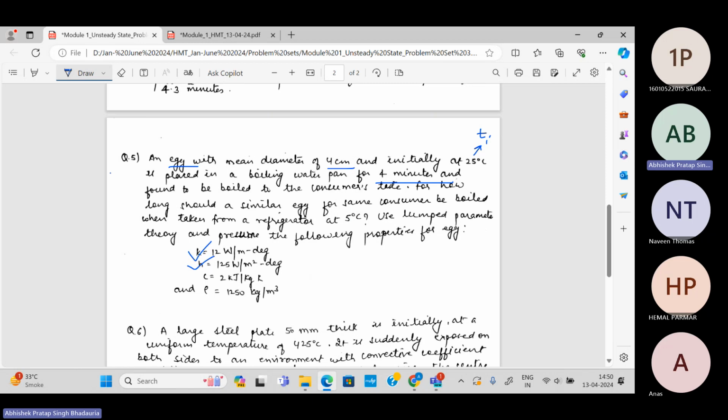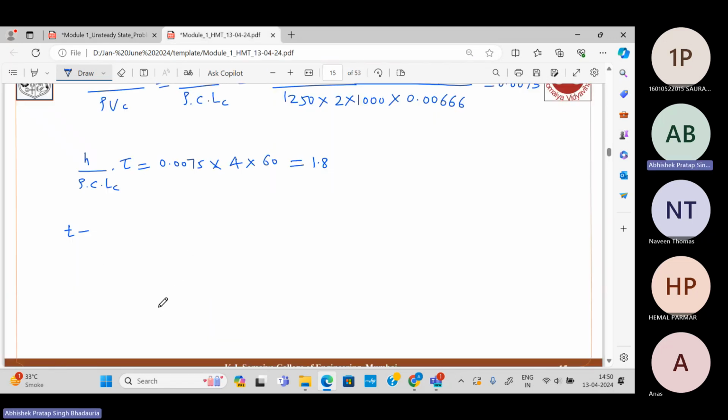Boiling water means the boiling temperature is 100 degrees Celsius, so TA will be equal to 100. So T minus TA, that is T minus 100, divided by Ti minus TA, that is 25 minus 100, is equal to e to the power minus this term, that is 1.8.